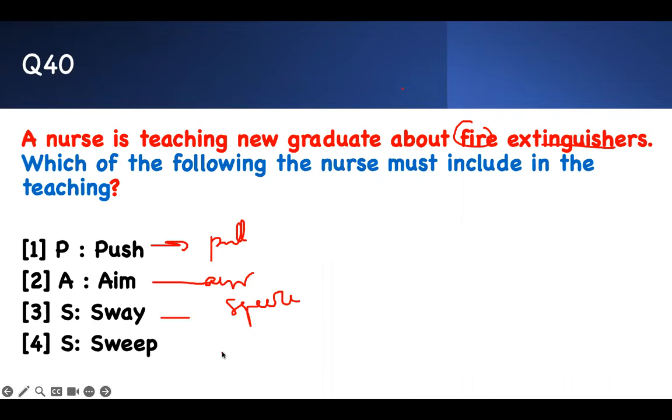And when you squeeze, you sweep. So what should I include? Not the push. I aim. I don't sway, I sweep. So 1 and 3 are wrong because this has to be pulled, this has to be squeezed. And 2 and 4 are right. Straightforward, right?